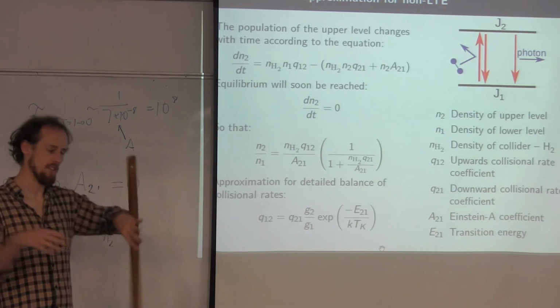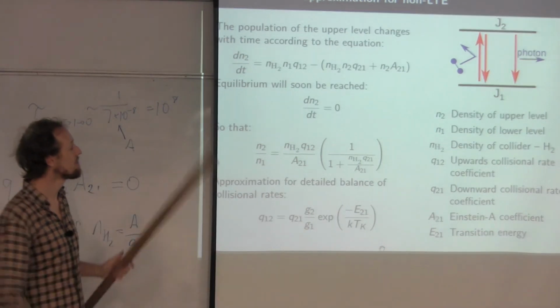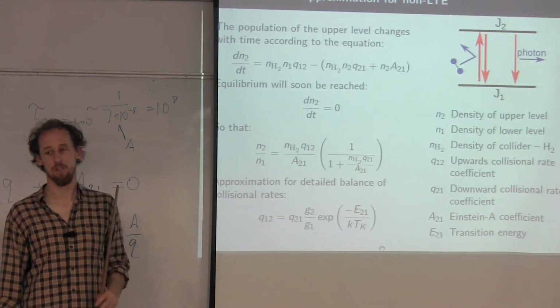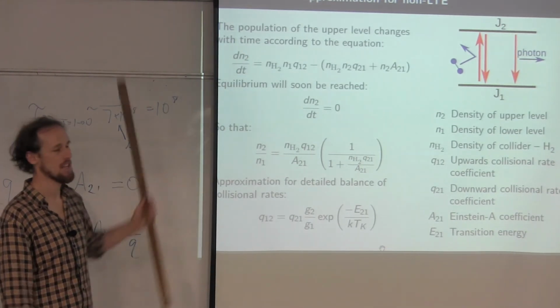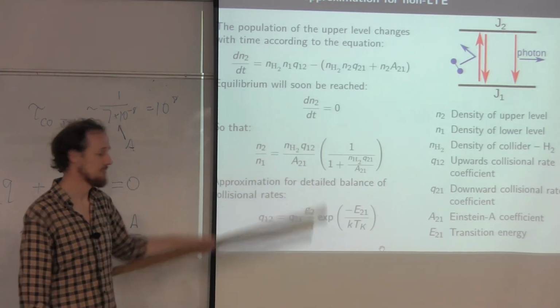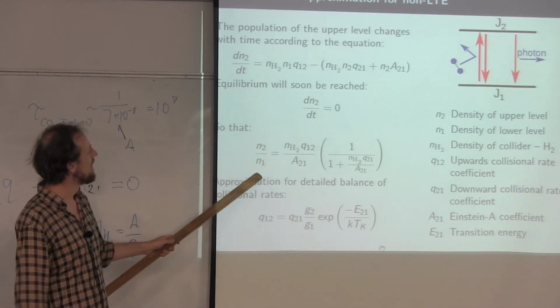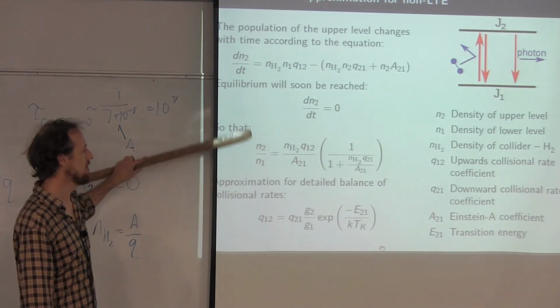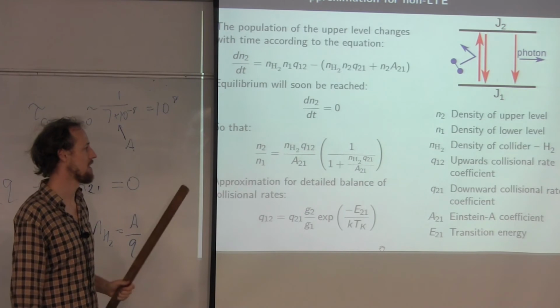Eventually, though, if you put in some energy, put in some particles, they'll reach an equilibrium, meaning this level won't be changing at all. The number of particles in the box that have energy level N2. Set that formula to 0 and rearrange it, which I'll leave you to do. Then you end up with an equilibrium solution where you have a ratio of upper level particles and lower level particles.